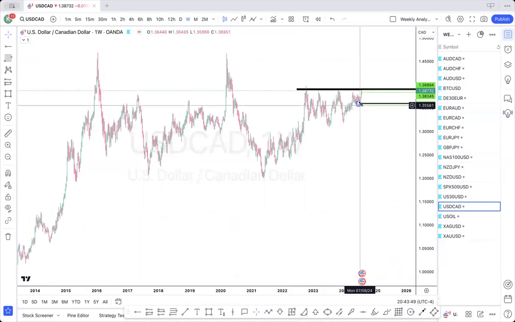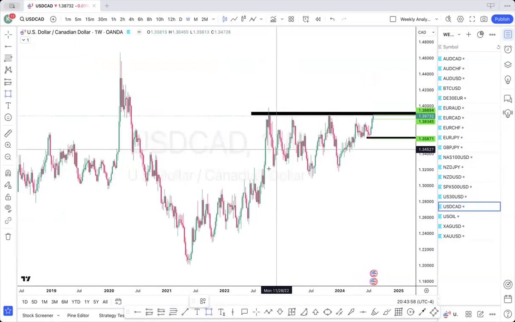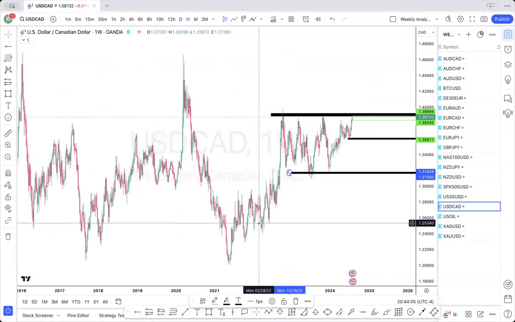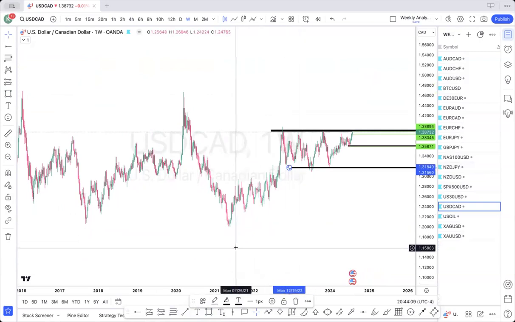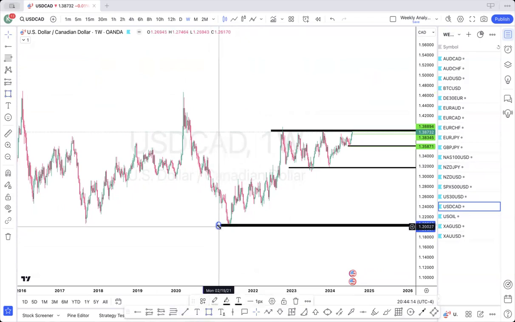So this pullback, yeah, I would definitely be looking to sell it down to here, maybe even to these lows here. Okay. And depending on what price does there, it may continue to these lows, to this low. All right, that's what I see for USD CAD.